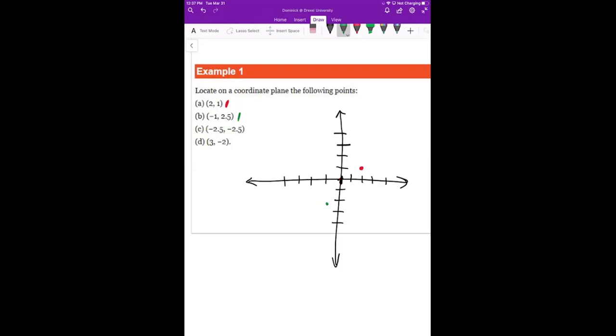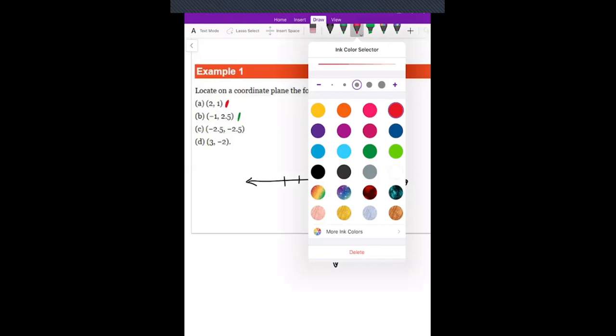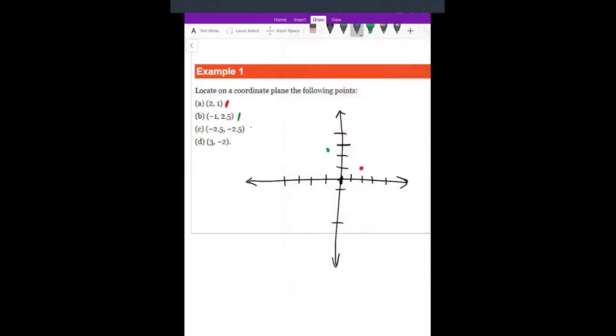Now the next point, oh, wait, I made a mistake here. That should be positive 2.5, so that's actually going to be up here somewhere. The next point, we have (-2.5, -2.5), so I need to go left 2.5 units and then also down 2.5 units, and I lost my hatches there. 2, 3.